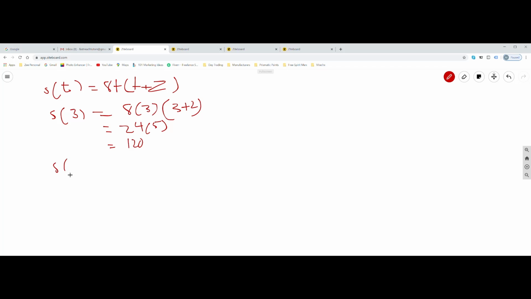And then s at 4 equals 8 times 4, and 4 plus 2, which is equal to 32 times 6 equals 192.